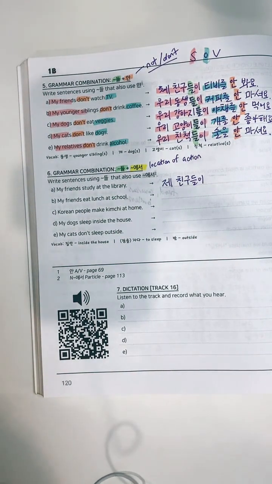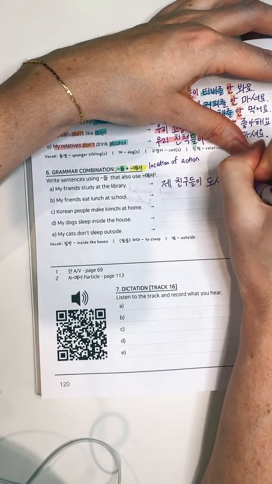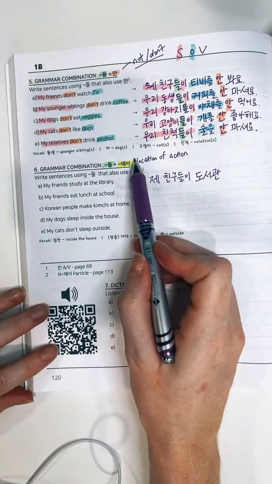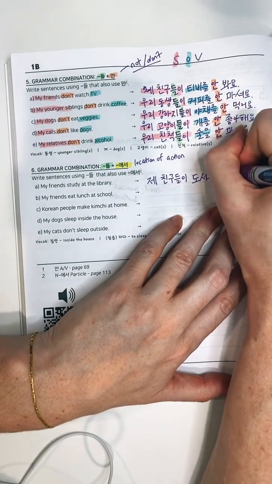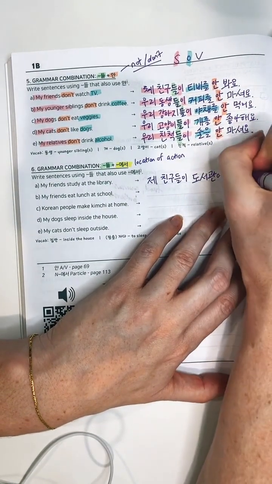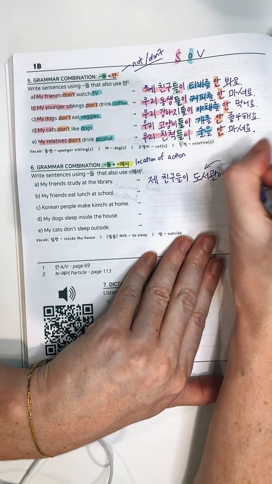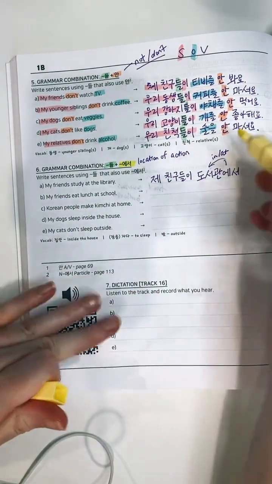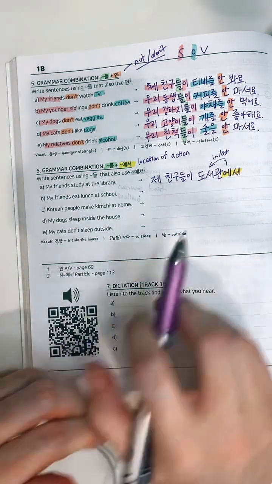Great sentence. Perfect. Good job. Totally. Yes, 도서관. That is library. Now, how do you say in the library, right? This is where our location of action particle is used. 에서 means in or at this place. 제 친구들이 도서관에서, what do they do there?